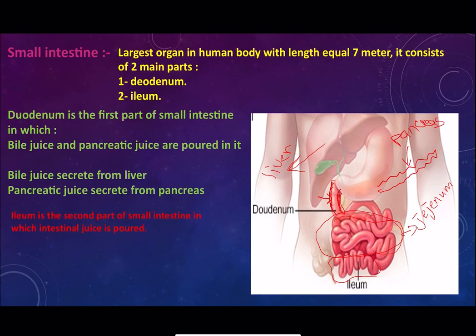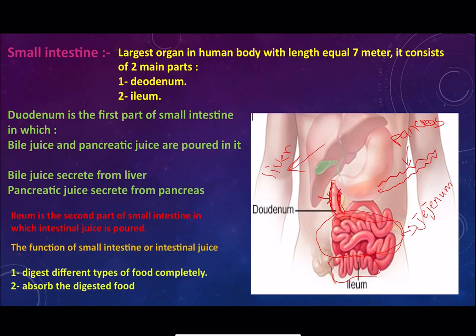What about the ileum? The ileum is the second part of the small intestine, in which the intestinal juice is poured. What is the function of intestinal juice? The intestinal juice is responsible for digesting different types of food completely.